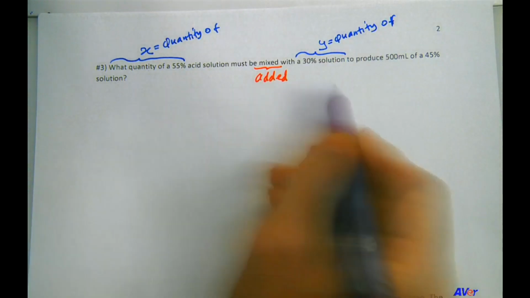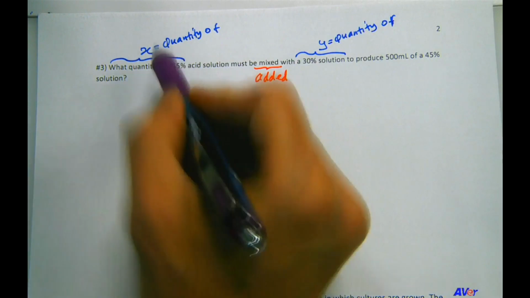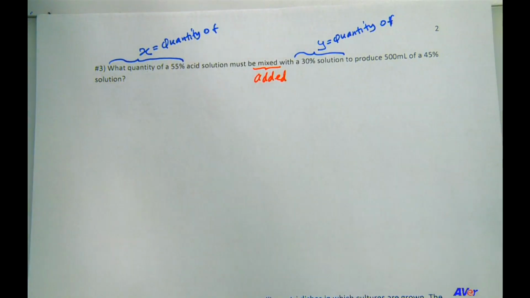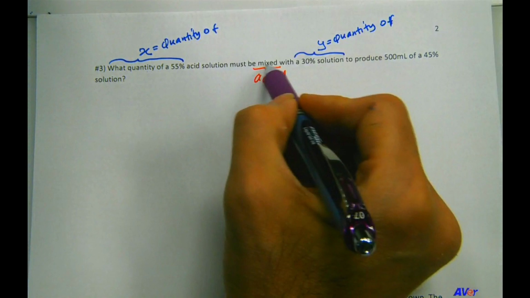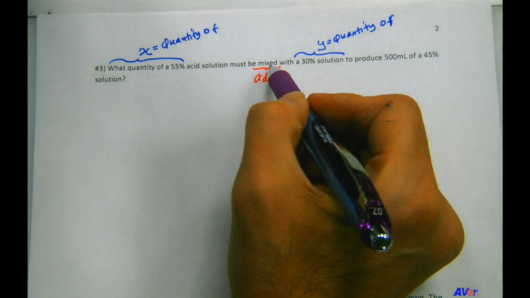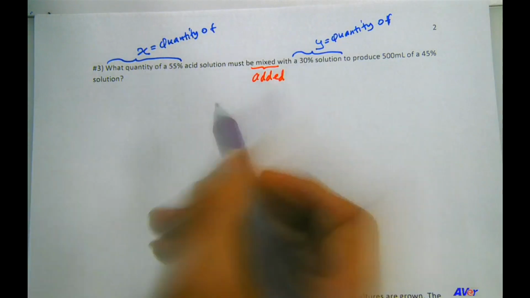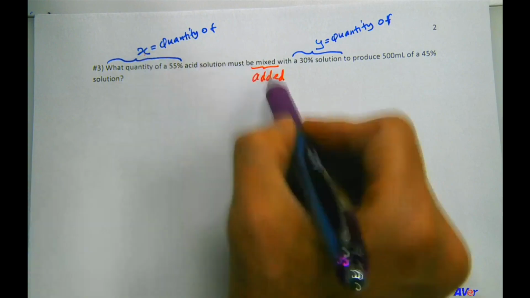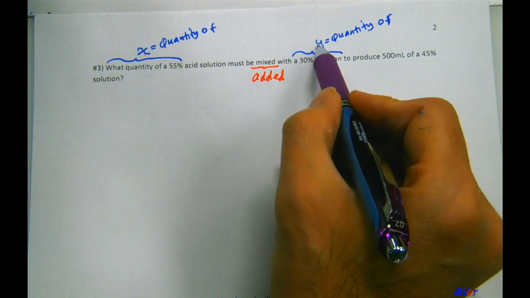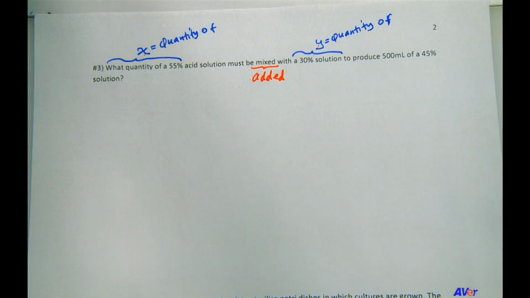So right there, by just doing what I'm doing, which is introduce variables, and take a careful look at the words that are used in a word problem, you can establish a relationship right there. So you have x plus y equals 500 milliliters, right?